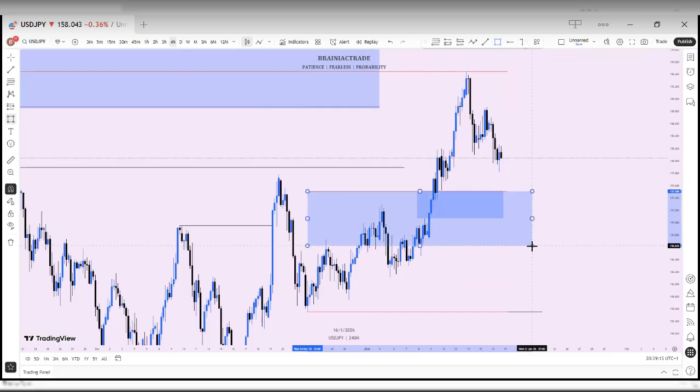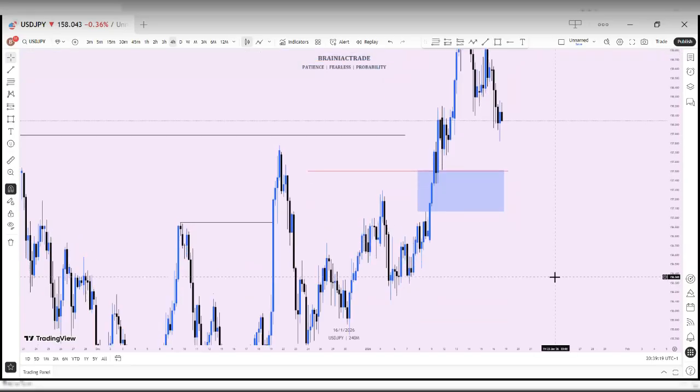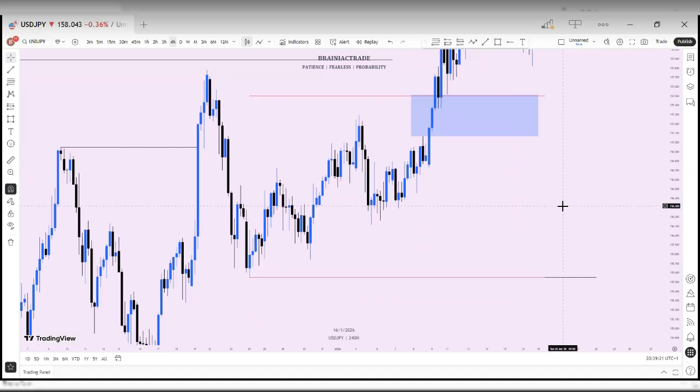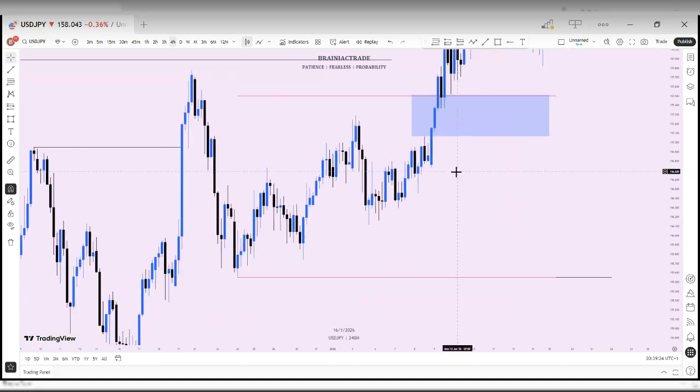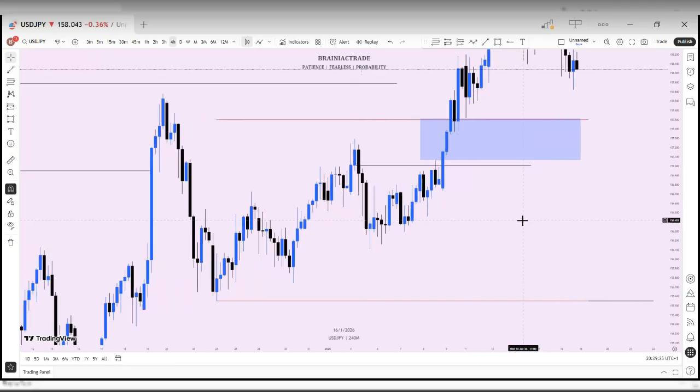So from here you go mark out your point of interest. What do we use as point of interest? Order block or breaker block. If we check, this is a breaker block. I hope all of you know what a breaker block is. If you call this one your breaker block, then this one is your order block.